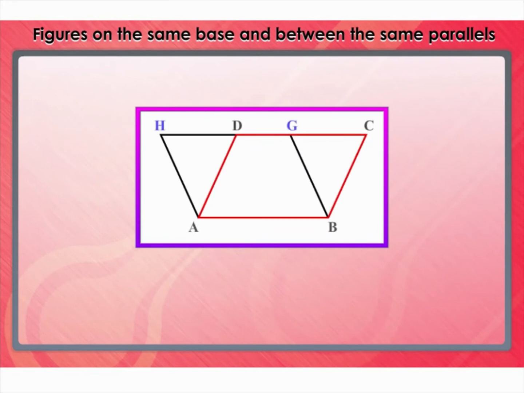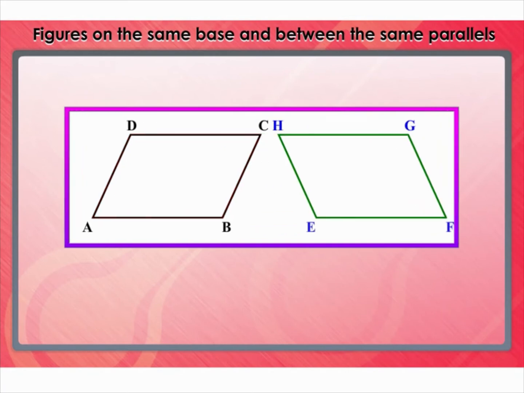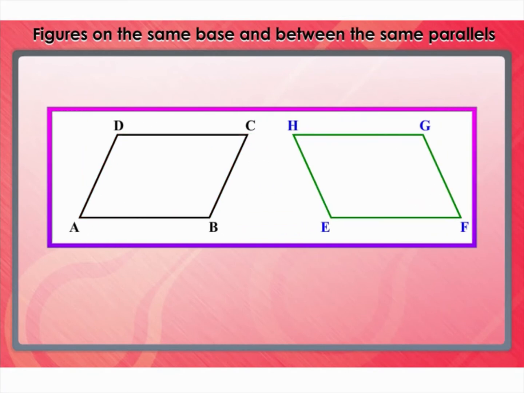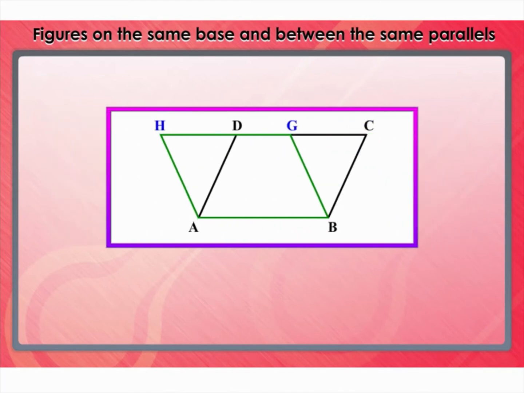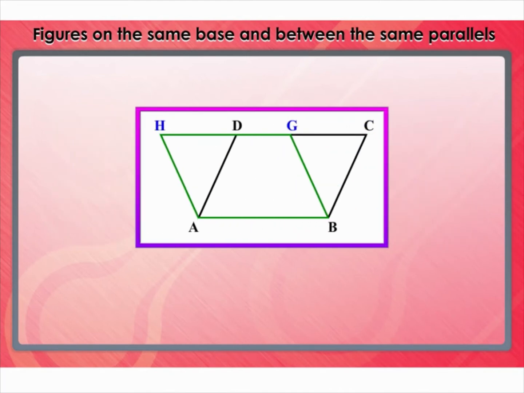Now we'll discuss the parallelograms that are on the same base and between the same parallels. Consider the two parallelograms ABCD and EFGH. Let's rearrange these parallelograms. The parallelograms are now on the same base AB and between the same parallels AB and CH.